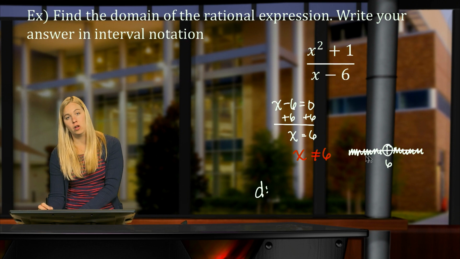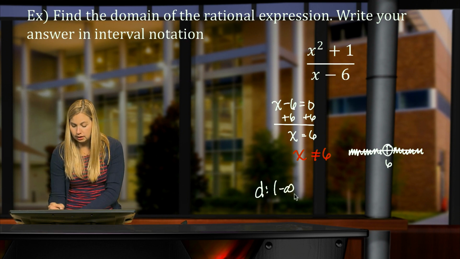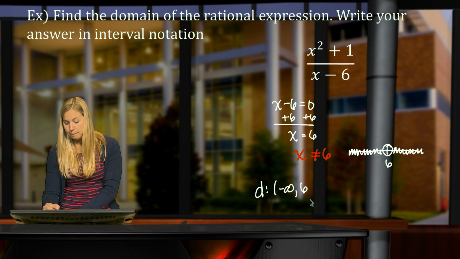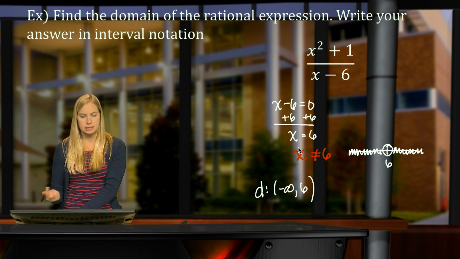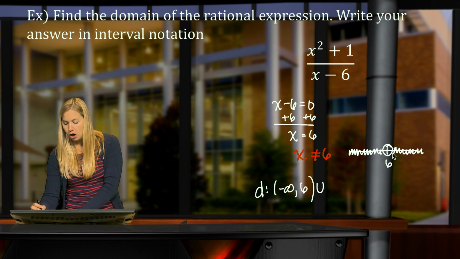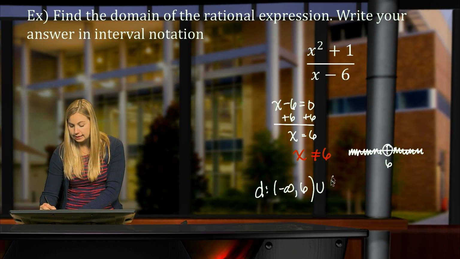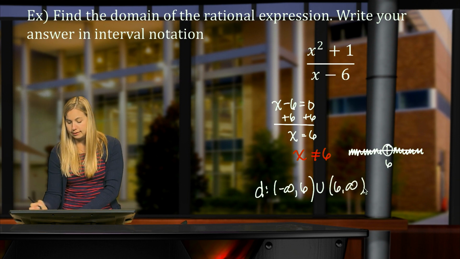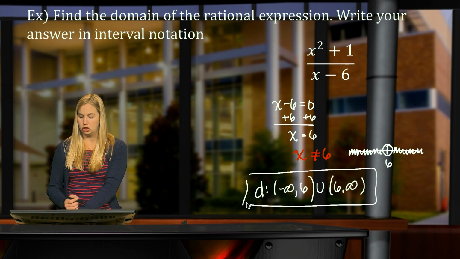The first interval on the left, reading from left to right, goes from -infinity all the way to 6, but it does not include 6, again, because we're saying x cannot equal 6. Our next shaded region begins at 6 and ends at +infinity. And this is our domain in interval notation.